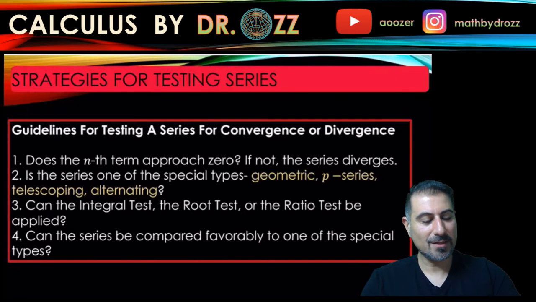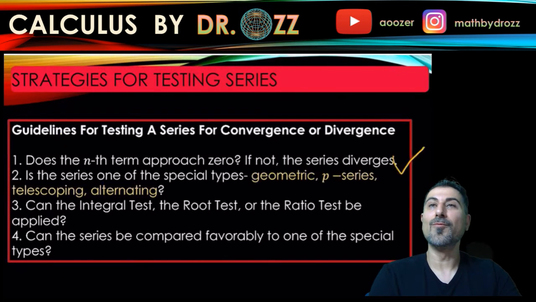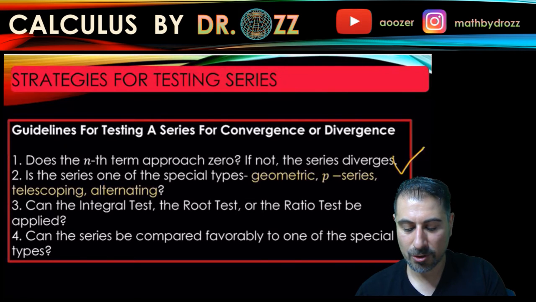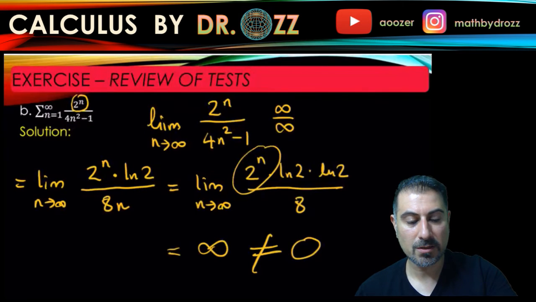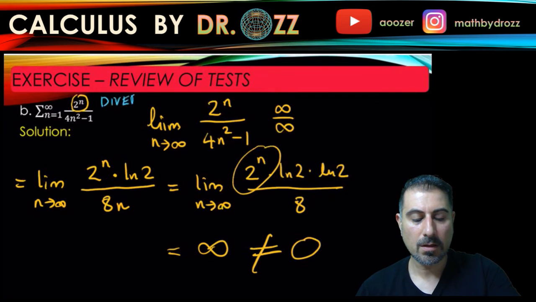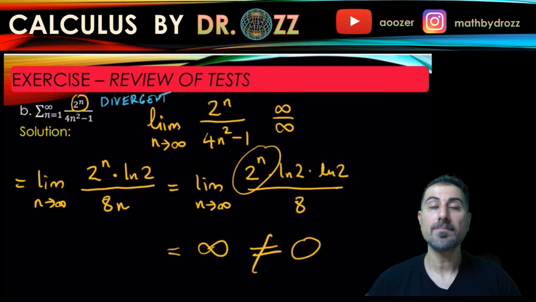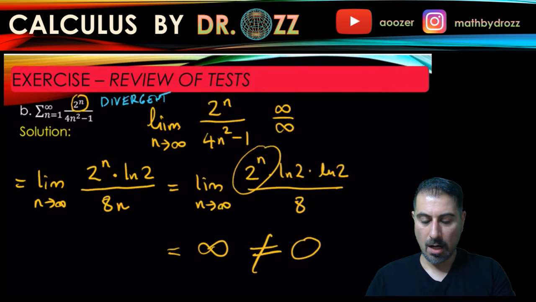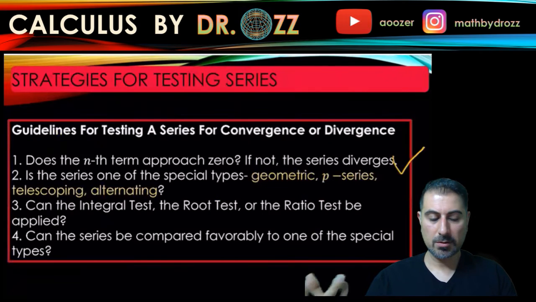So essentially this worked, and by the n term test, this is a divergent infinite series. Let me just conclude here that the infinite series diverges.